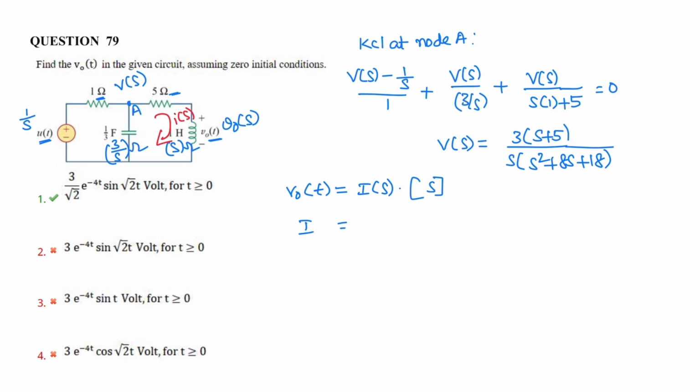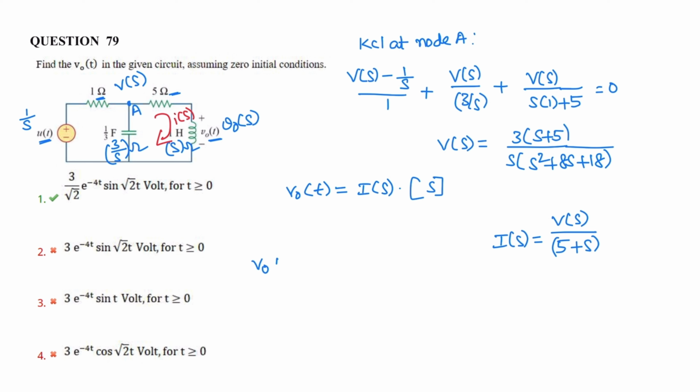Now the expression for I of s is V of s by 5 plus s, that is V of s by s plus 5. Substitute I of s here.